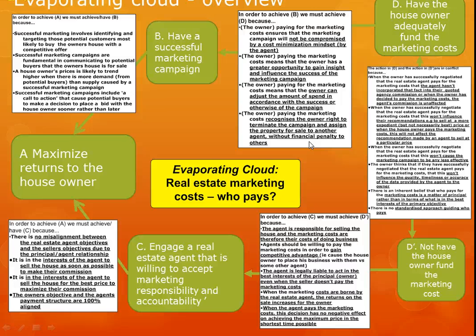So what we're saying in this particular assumption is that if the owner pays the marketing costs, this recognises the owner's right to terminate the campaign, because he's saying, well, I'm going to terminate the relationship between you and I as principal and agent. I have the right to terminate this campaign and assign the property for sale to another agent, and I'm not expecting any financial penalty to result with respect to marketing costs as a result of me paying for these things.